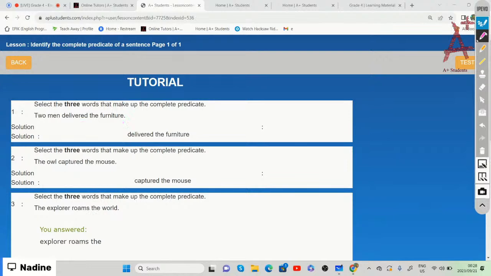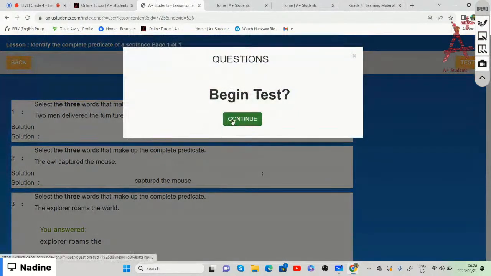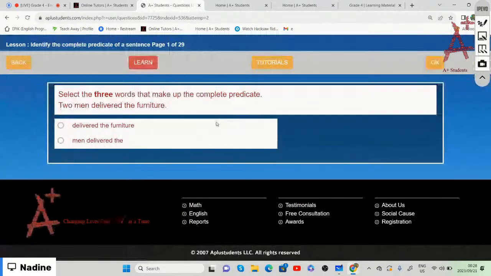All right, so now we're going to move on and do our test, where we identify the complete predicate of the sentence. We need to select the three words that make up a complete predicate. Two men delivered the furniture. So if we select our subject first, then we will say these two men. So now, what did these two men do?